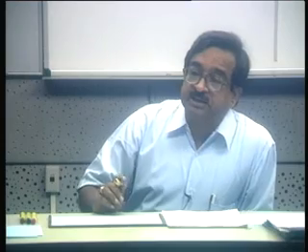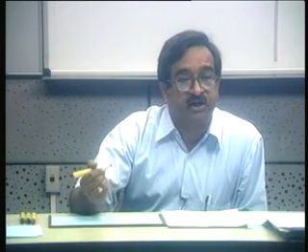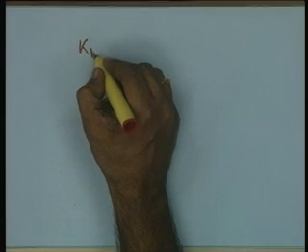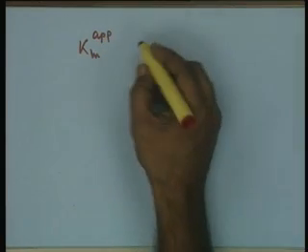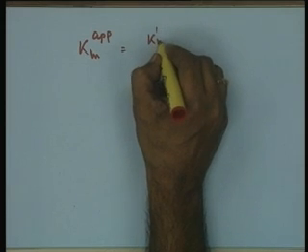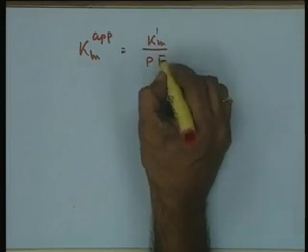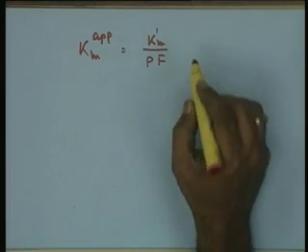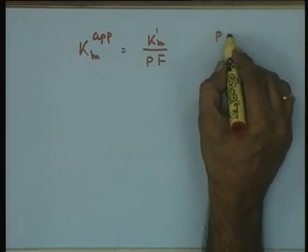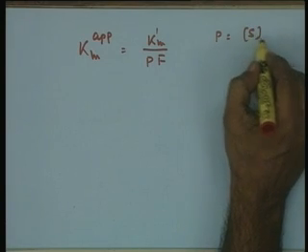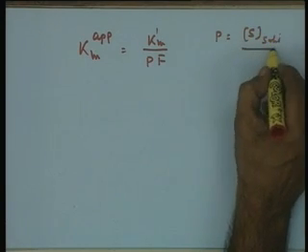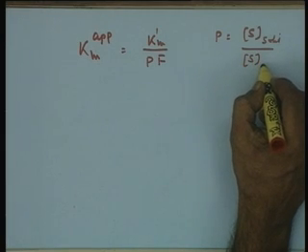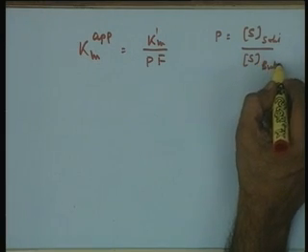Now, the Km apparent essentially has been a parameter which people have tried to define quantitatively, what are the parameters which can control, which can define the Km apparent, and one of the most acceptable definitions of Km apparent can be K dash m upon P f. Now, where P is essentially the partitioning coefficient, that is the concentration of the substrate in solid phase divided by concentration of substrate in the bulk phase, that is the bulk liquid.